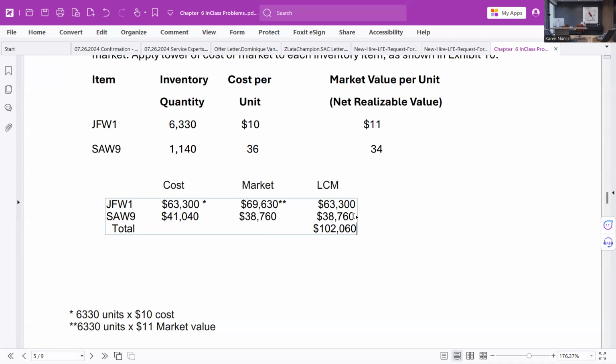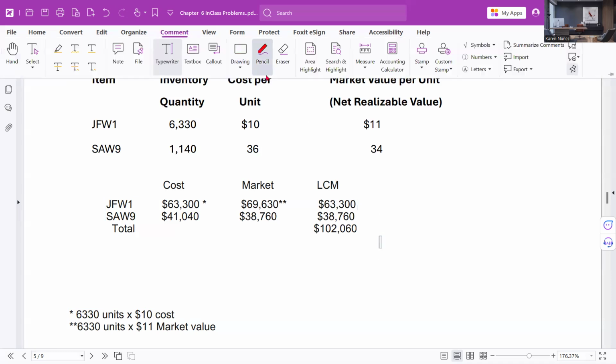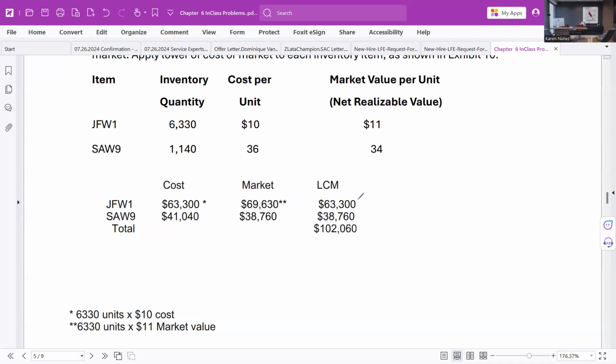It's the sum of the two, right? The 63,300 and the 38,760. Inventory would be reported in total on the balance sheet, right? So these are the individual line item numbers, but it's the total that gets reported on the balance sheet. Using the LCM method, that's the value that gets reported in the current asset section of the balance sheet. Okay.